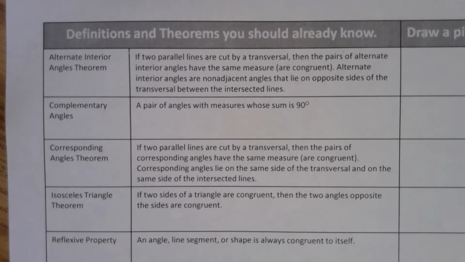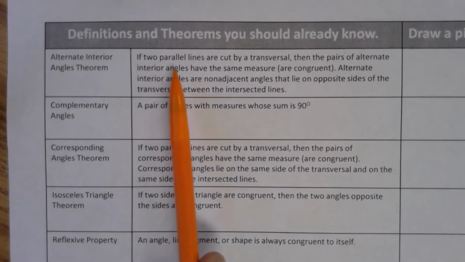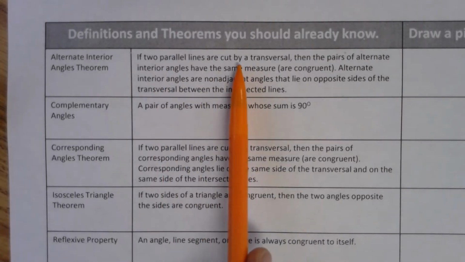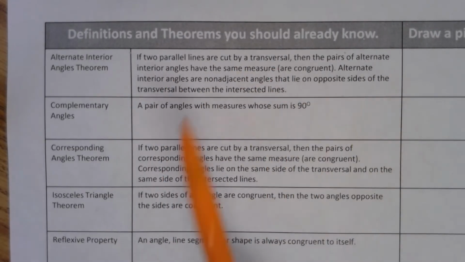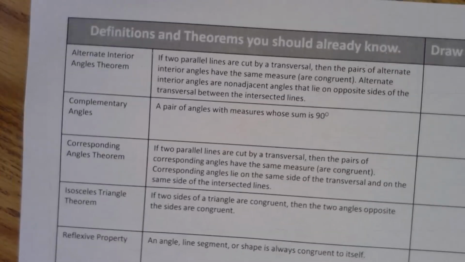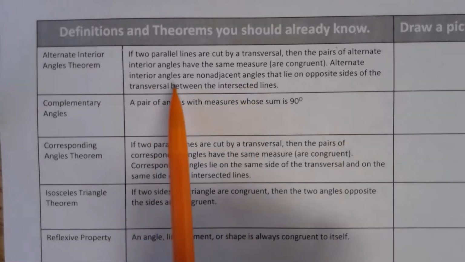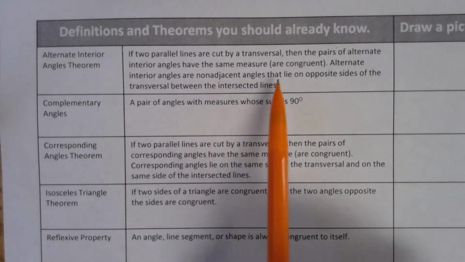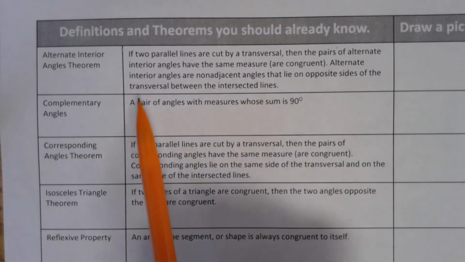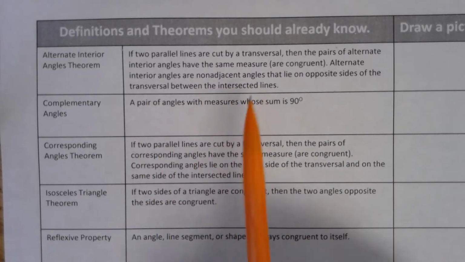When we're dealing with alternate interior angles, we have 2 parallel lines cut by a transversal. Then the pairs of alternate interior angles are going to have the same measure, that congruency, which is what we need to prove similarity. We need congruent angles. Alternate interior angles are non-adjacent angles that lie on opposite sides of the transversal between the intersecting lines.